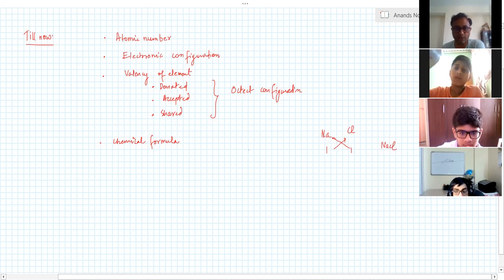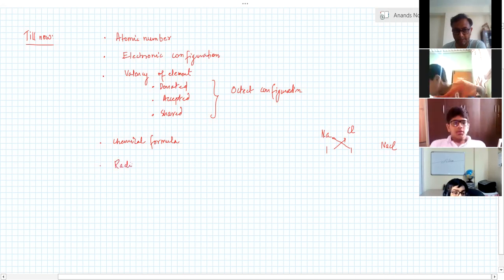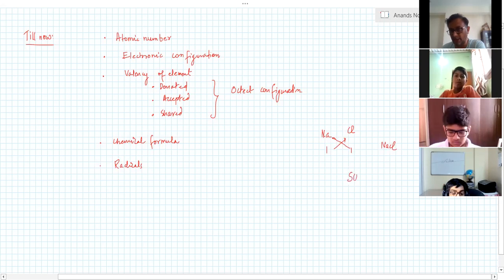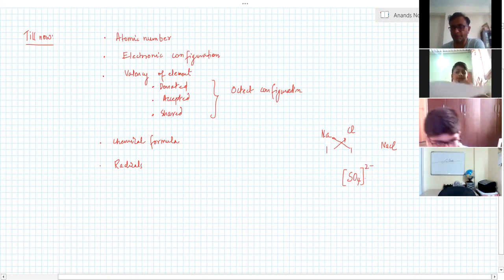Likewise, we also learned about what are called radicals, and we understood that radicals are a group of atoms, and these have an ionic charge present on them, SO4 2 minus, CO3 2 minus. And then with this knowledge, we are able to write the chemical formula of compounds which have radicals.